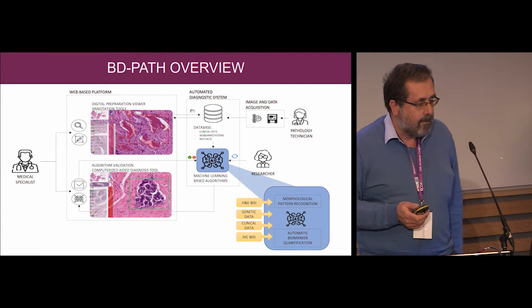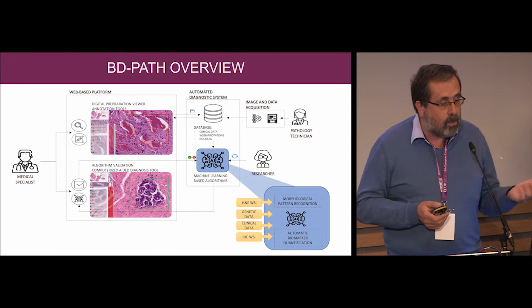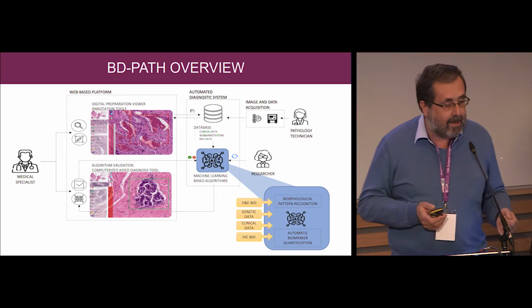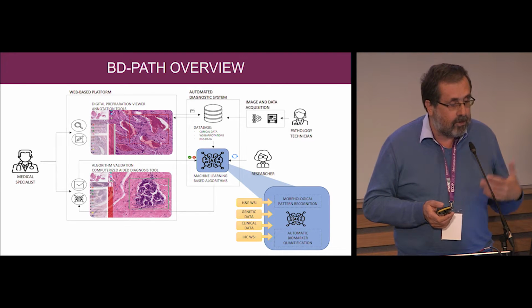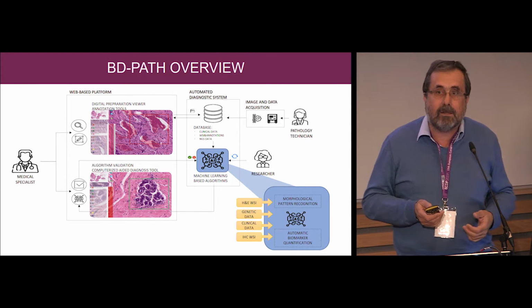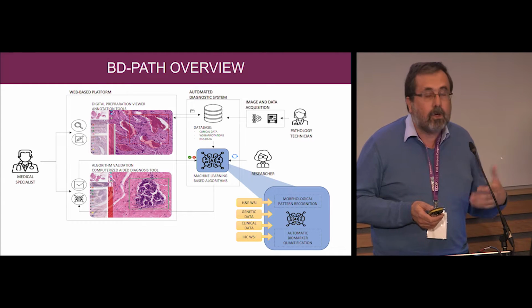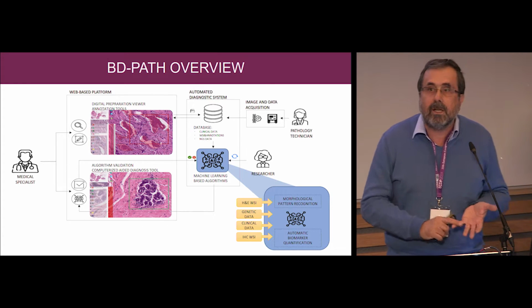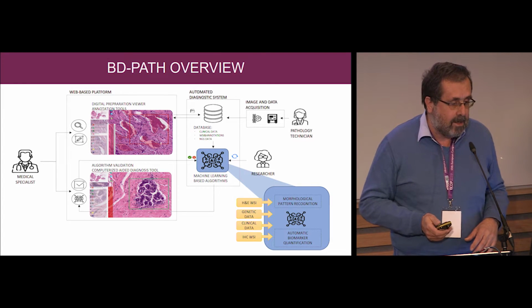But the first goal was: are we able to locate tumoral areas, to separate them into different patterns, and how do these patterns correlate with the classical morphological patterns of ductal carcinoma, lobular carcinoma, and so on?